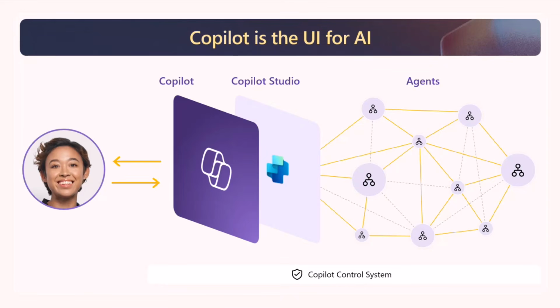When we talk about agents and how these things come together, we love our Copilot. I think Copilot is my best friend. Anything I have to do, which includes writing my emails to my boss, is all done on Copilot. But how are these Copilots working with agents? They work with agents because these agents are created in Copilot Studio and connected together, which gives us access to different ecosystems.